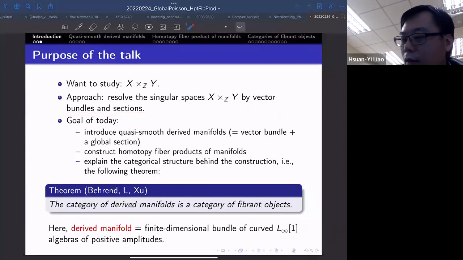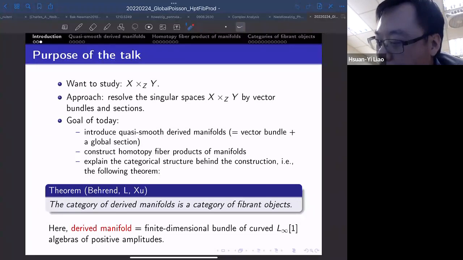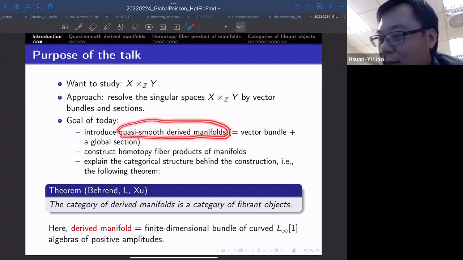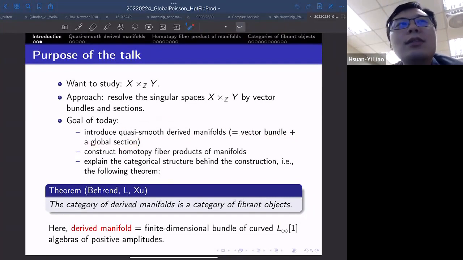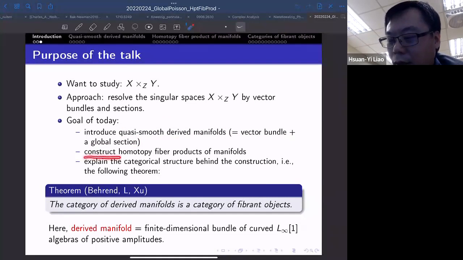This is an outline of the talk. First of all, I will introduce something we call quasi-smooth derived manifolds. By this, I just mean a vector bundle plus a global section. Then I will show you a construction of homotopy fiber product.